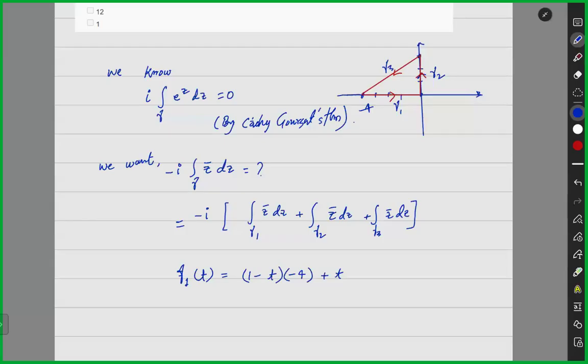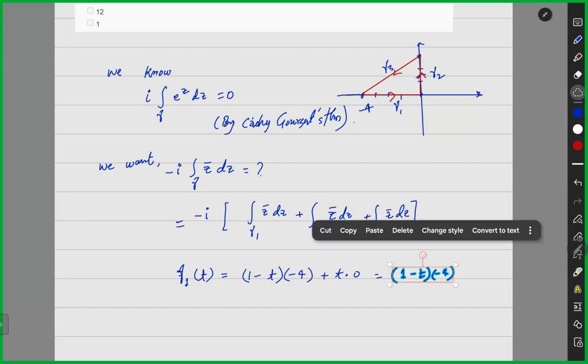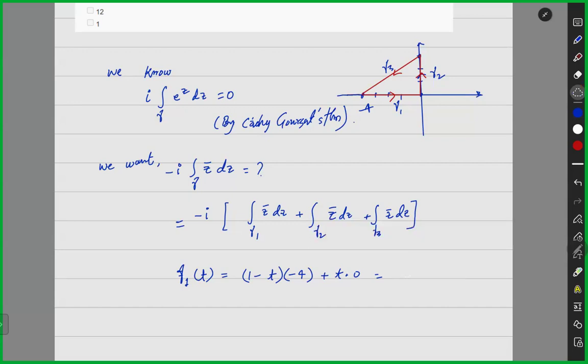We can write it differently, as 4t minus 4.